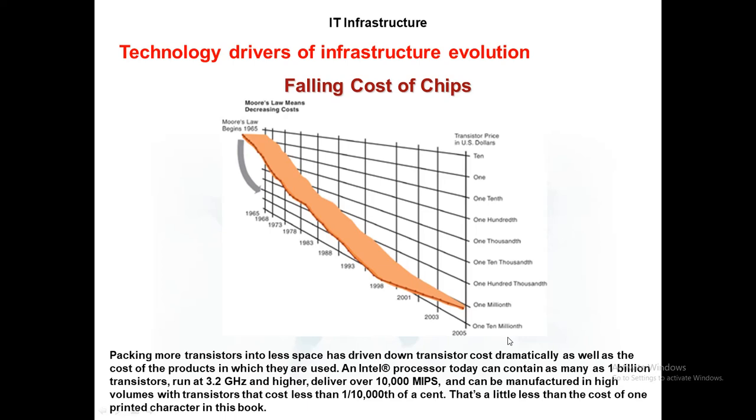A memory card of maybe 32 GB can be bought at around 30 or 20. Then the phones that we have, except if you have too much unnecessary information, they are enough. You don't even need a memory card. If you have a phone of 32 GB, why would you need a memory card? So the cost of the chips is reducing, and thereby the computing power is also increasing.